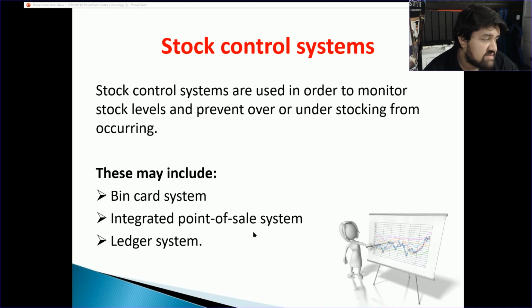So if I am in another country for holiday, I would still be able to order stock for my business because my system tells me when I'm running low on rice or flour, whatever it might be. Having that system in place really makes your process a lot easier.